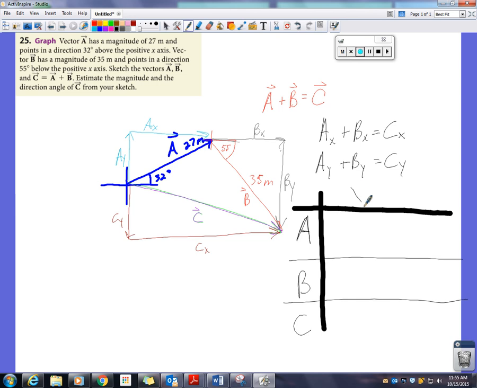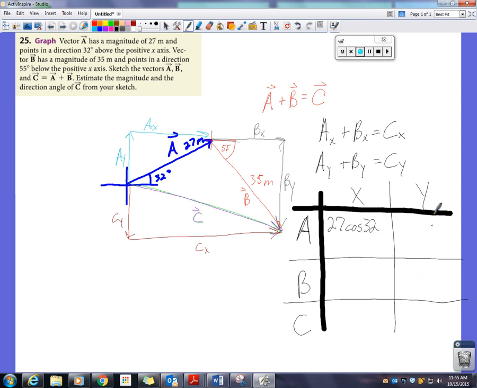We want to take our x components and our y components. So for vector A, how do we find the x component? We do 27 cosine of 32.